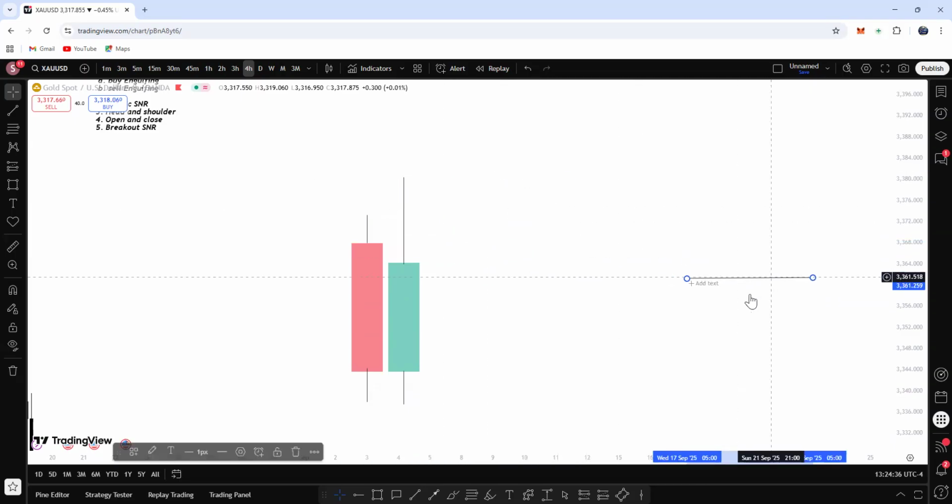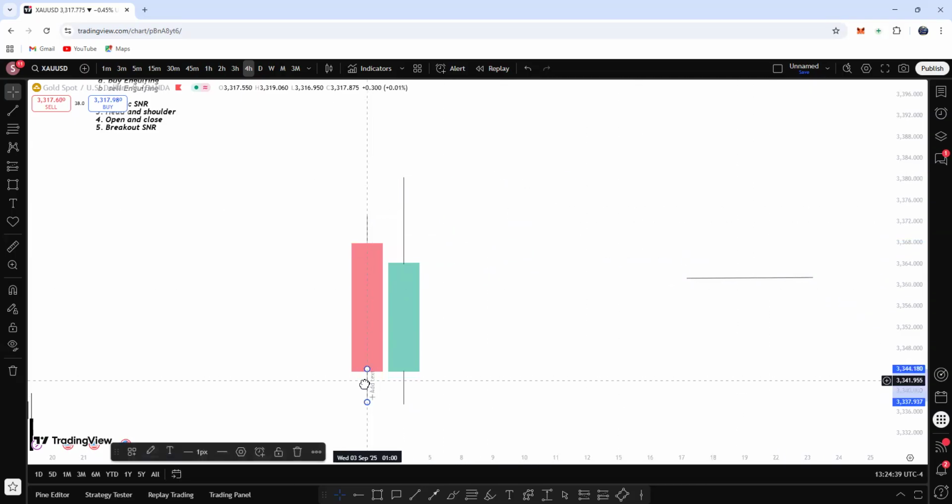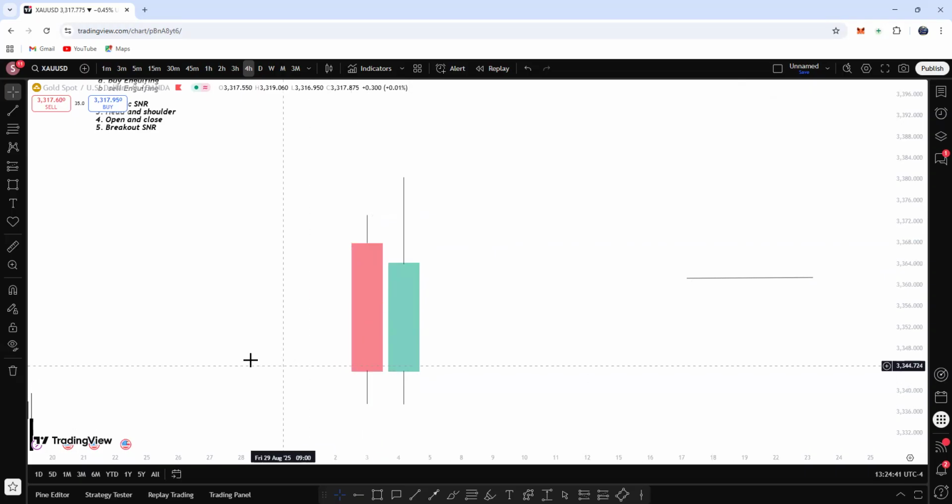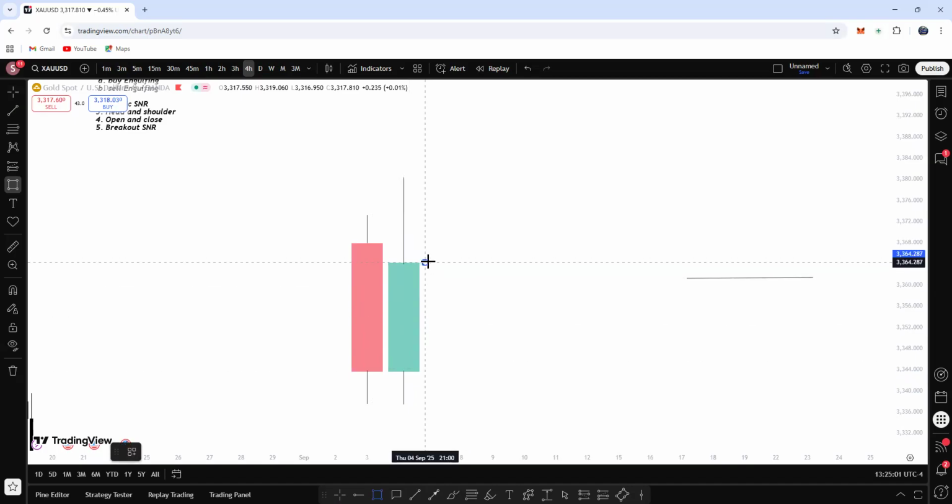So guys, let's take for example here. Market opens here, comes down and closes here. Then another one opens here, then reverses up and maybe starts another trend, and so on and so forth.